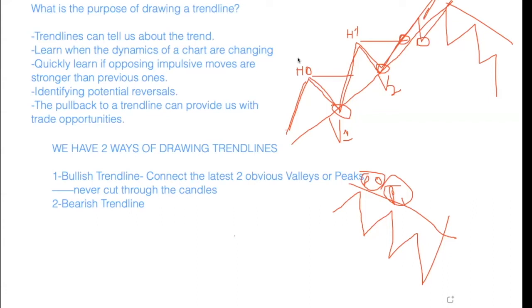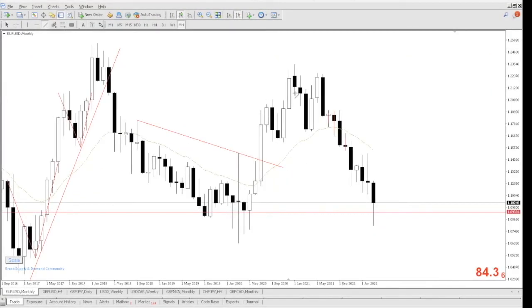Now you might be asking me how you enter trades when presented with these scenarios. Let's look at Euro USD. Here, remember we said these are our two V's. So you connect your trend line like this, and then you draw your zone here.